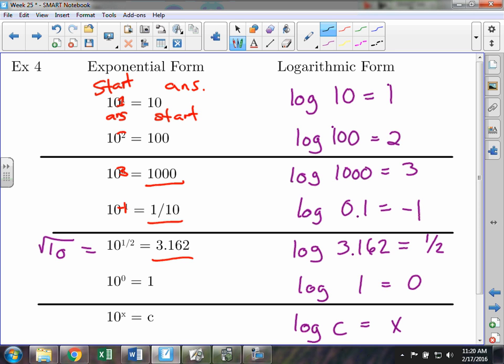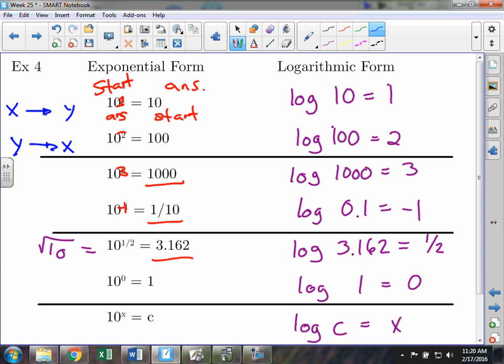Well, I'm hoping that you notice that's a property that you've worked with a lot in your former classes. If you start with x to create y as the answer, and instead you go backwards, y creating x, that's a relationship that we've done a lot in algebra.